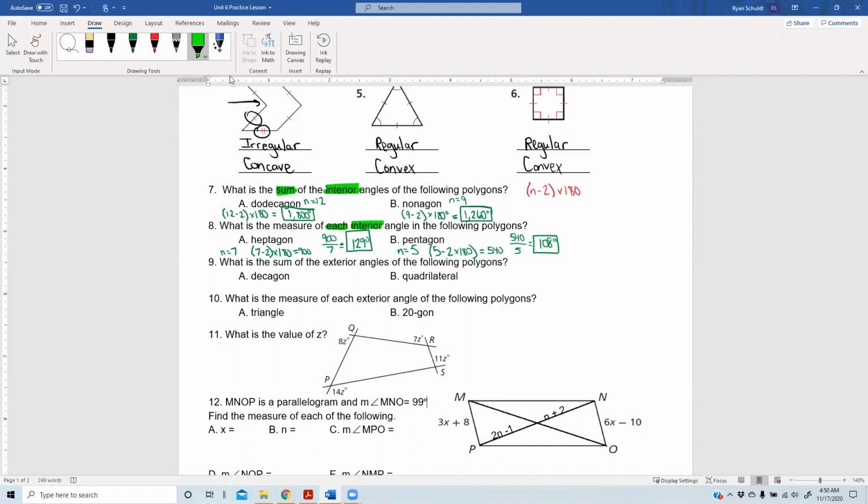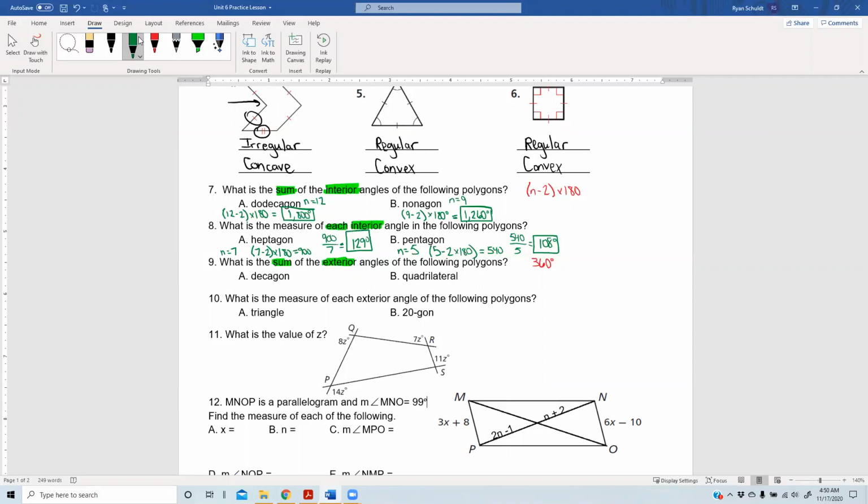Okay, next one. They ask for the sum of the exterior angles. On the exterior angles, they always sum to 360 degrees, no matter how many sides there are. For good measure, we'll say how many sides, but the answer is always going to be the same, 360.